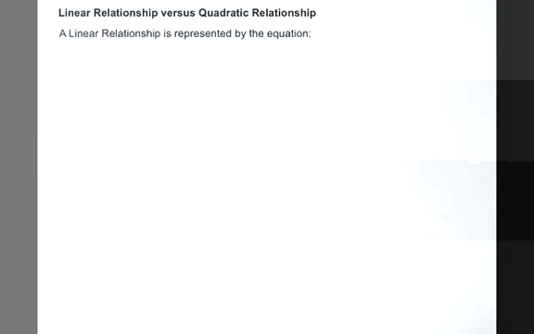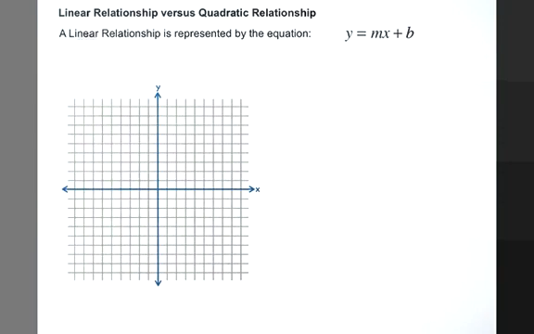A linear relationship is represented by the equation y equals mx plus b. Here's a Cartesian plane. This straight line represents a linear relationship.